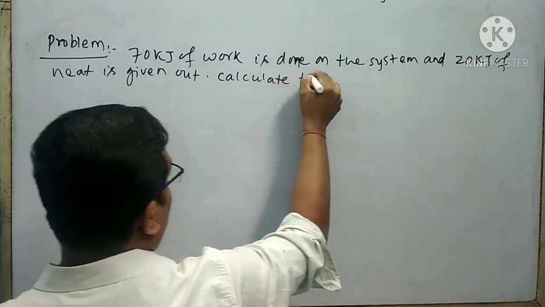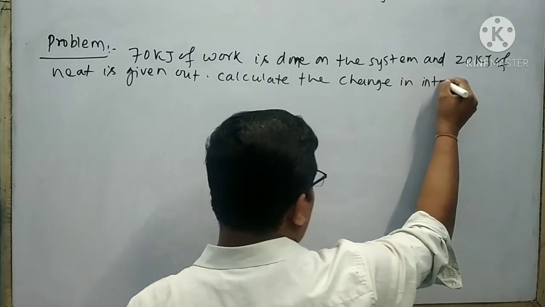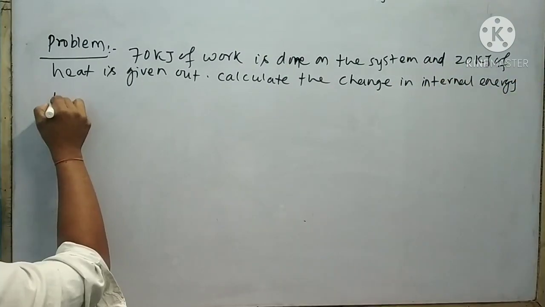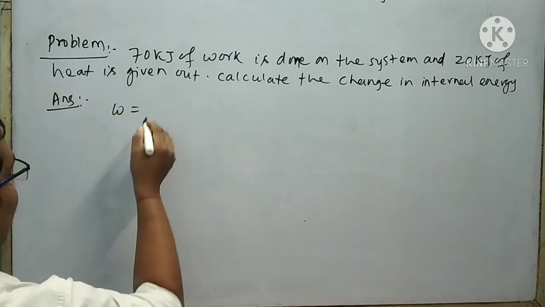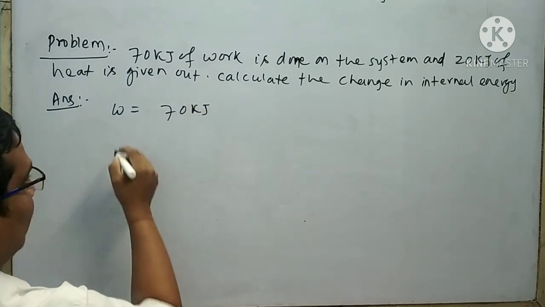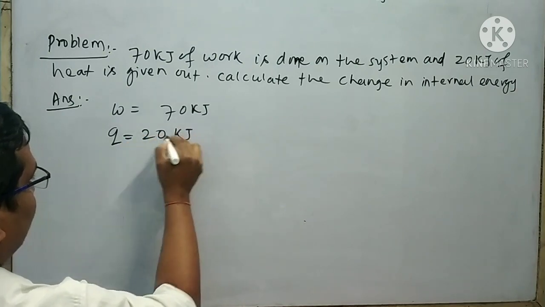Calculate the change in internal energy. In this problem, W is given, W equal to 70 kilojoule. Q is also given, that is your 20 kilojoule.